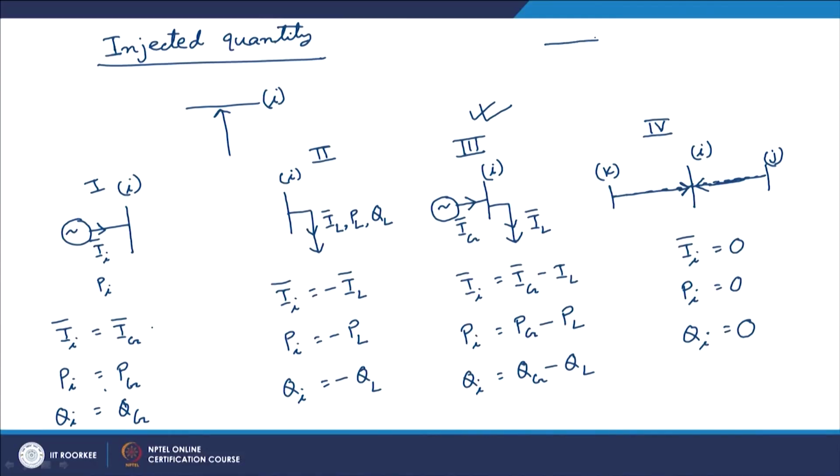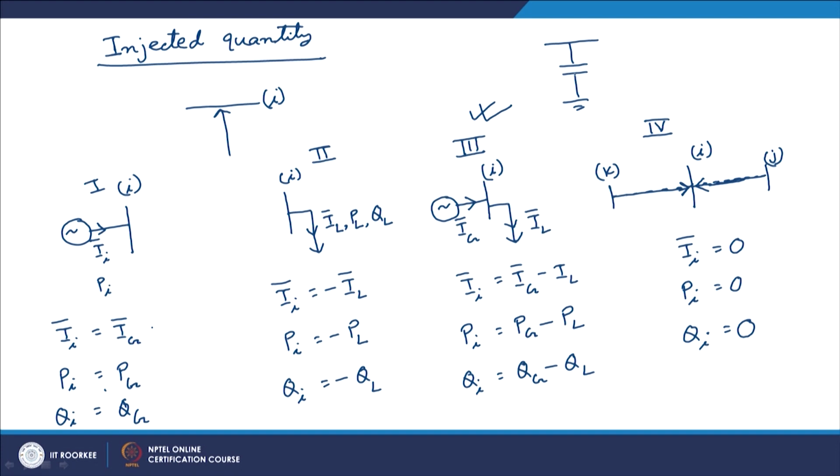Now, suppose I have a bus with no load connected, but let us say there is a shunt capacitor connected. In that case, how would we represent this capacitor current?